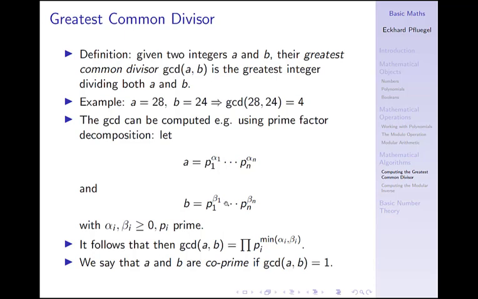And once you've got that, then it's quite straightforward, because then the GCD is simply the product of the powers of the p i, but you take the minimum of the exponents, the minimum of the alpha i and the beta i. So that's the idea behind it, and it looks more complicated than it actually is.